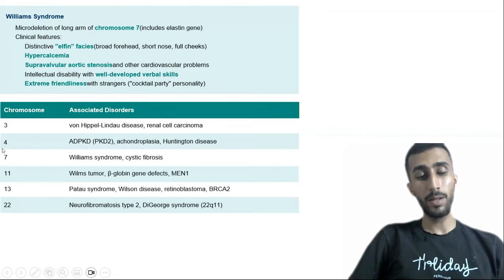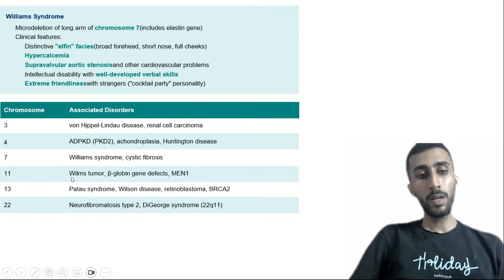So to memorize, you have to memorize these chromosomes and the associated disorders. At the level of chromosome number 3, there is von Hippel-Lindau disease and renal cell carcinoma. Chromosome number 4 includes the autosomal dominant diseases we have talked about: Huntington disease, achondroplasia, autosomal dominant polycystic kidney disease. For 7, remember here Williams syndrome and cystic fibrosis.